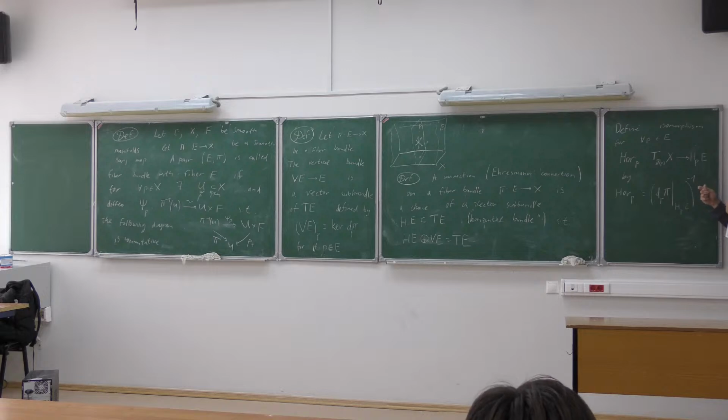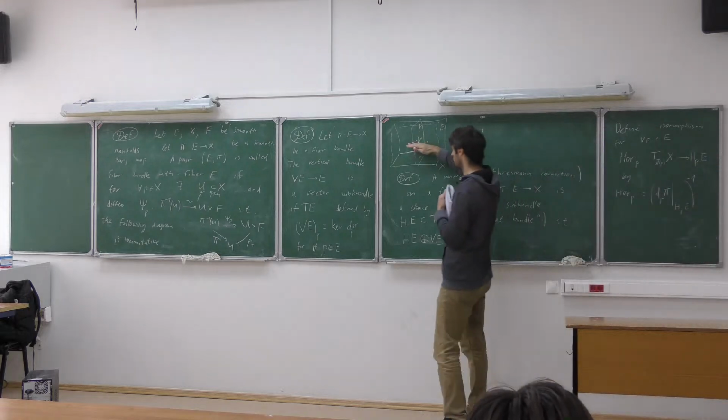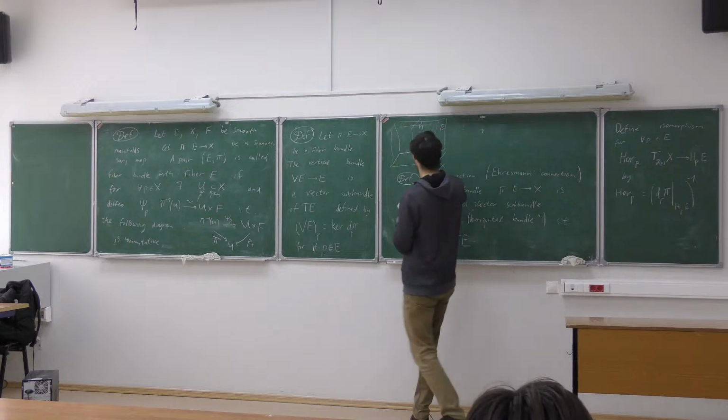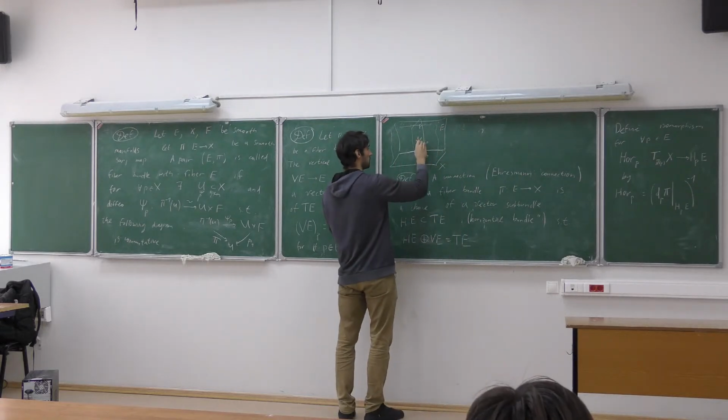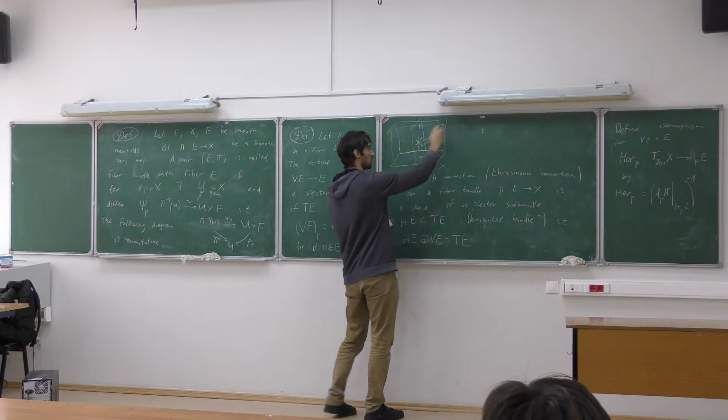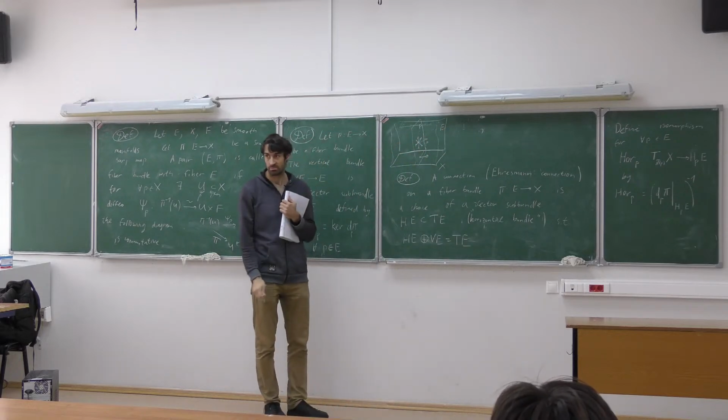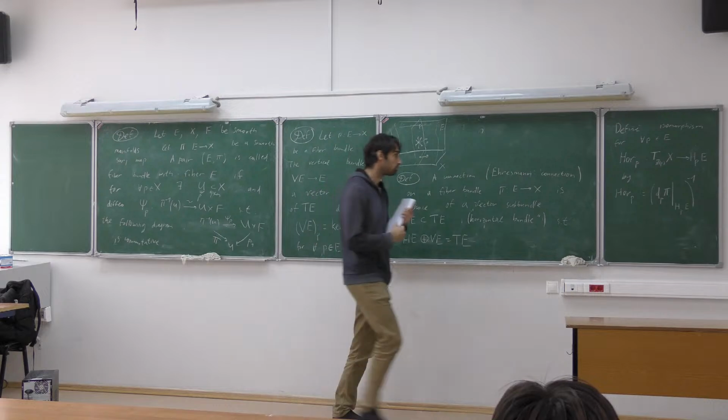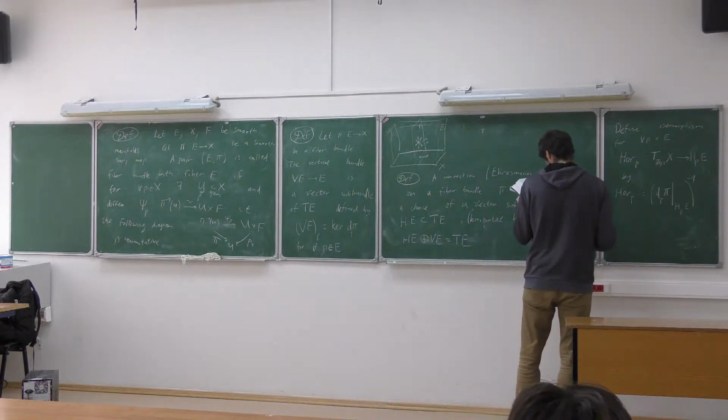So once I have chosen the horizontal direction, I can take any vector here and lift it so it belongs to this H that I chose. And that's what's going on.